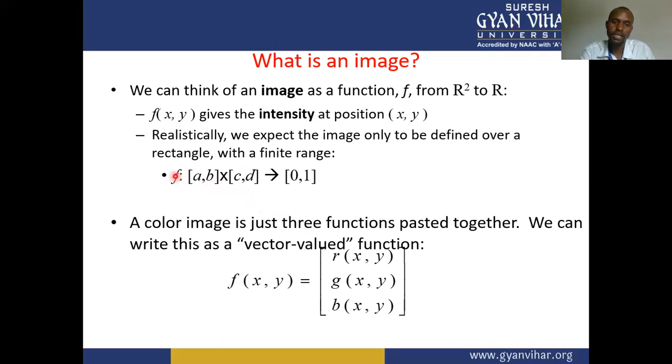Therefore, we can say that the function f can be given as a comma b multiplied by c comma d. So the product of these are just positions within this rectangle that we are talking about. So an image can be represented on a rectangle or a definite or a finite exact location.